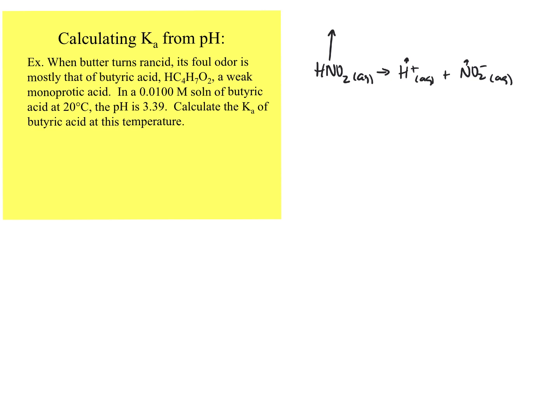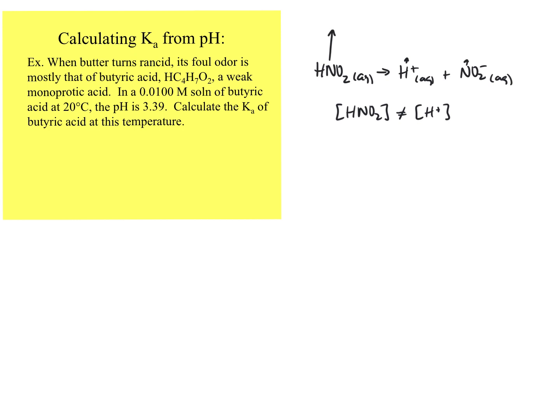So we cannot assume that the concentration of the acid equals the concentration of the hydronium ion. In fact, that's far from the truth. So HNO2 does not equal the H plus concentration, so we no longer can take the negative log of the acid concentration to find out what the pH is.